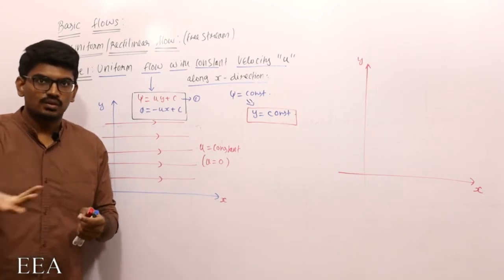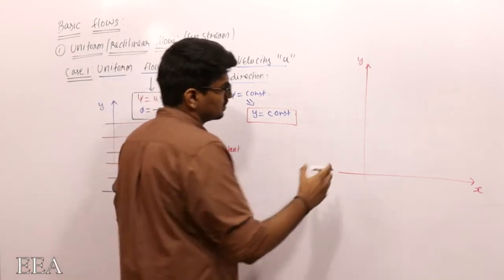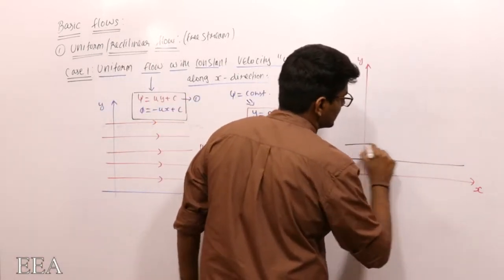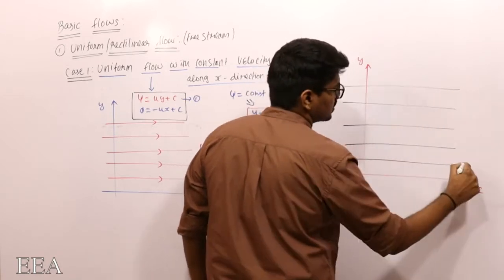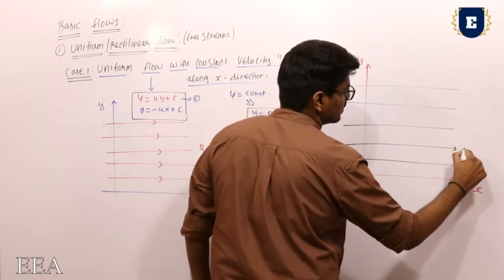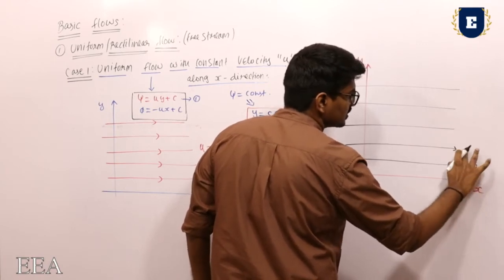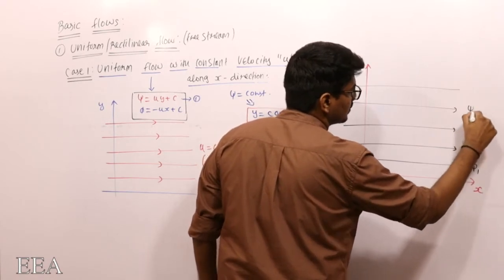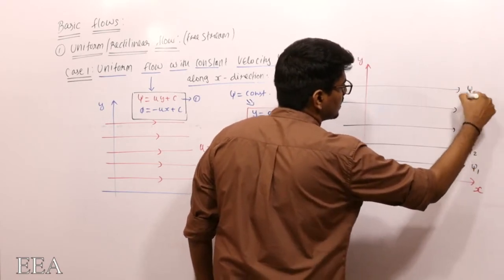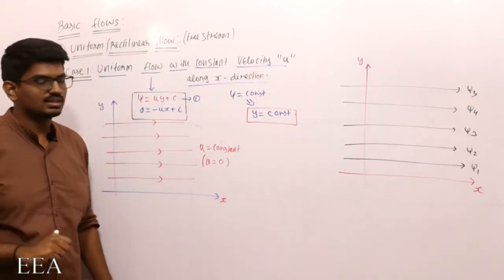I will get a horizontal line, right? Something like this. Let us take this as psi 1, psi 2, psi 3, psi 4, psi 5. So horizontal lines indicate y is constant.